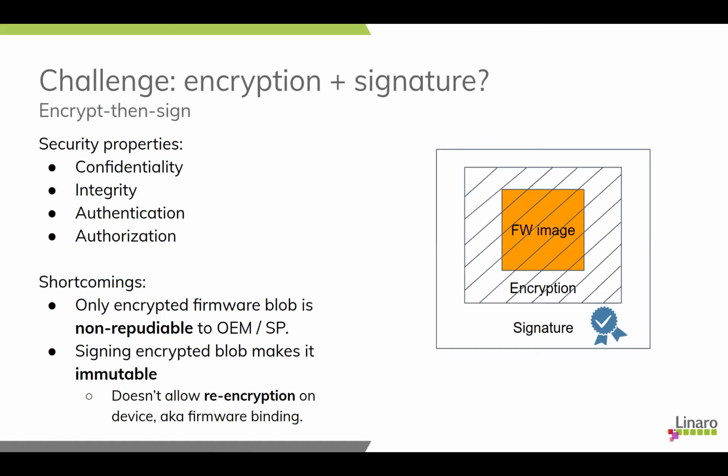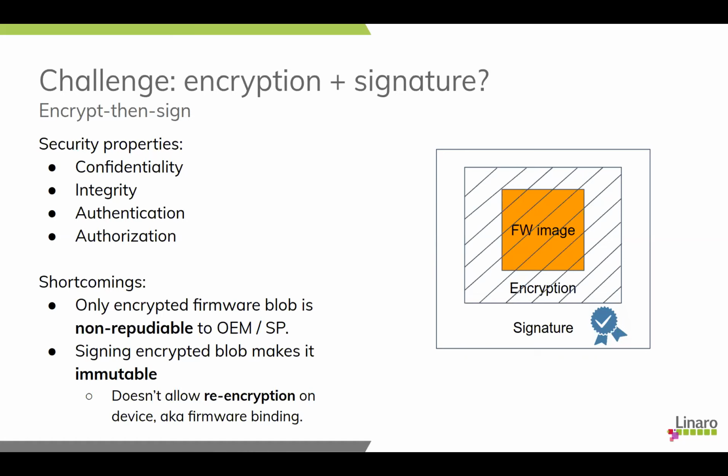So starting with the encrypt then sign approach. As the figure depicts here, we first encrypt the firmware image and then put a signature on top of the encrypted firmware blob. In this way, we could achieve the security properties such as confidentiality, integrity, authentication, and authorization as well. But there are a few shortcomings attached to this approach as well.